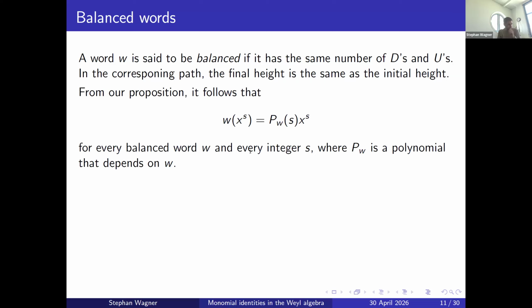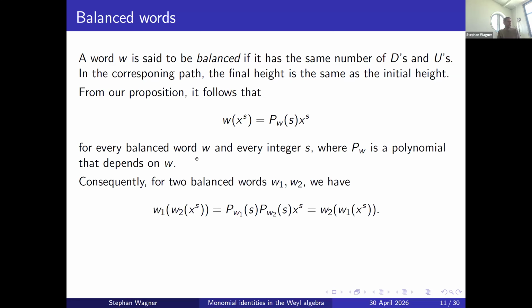Now, if I apply two such words in a row, then the polynomial in s, being sort of a constant, can be factored out. For any two balanced words, W1 and W2, if I apply them in order to x to the s, then actually the order doesn't matter, because when I apply the first one, W2, I'm getting some constant that depends on s times x to the s.